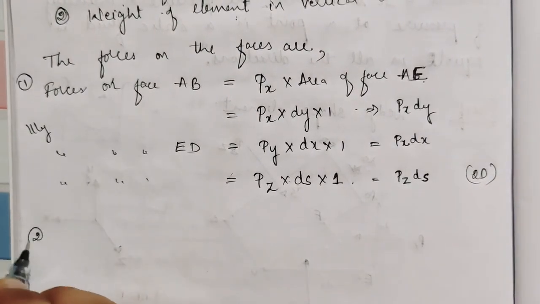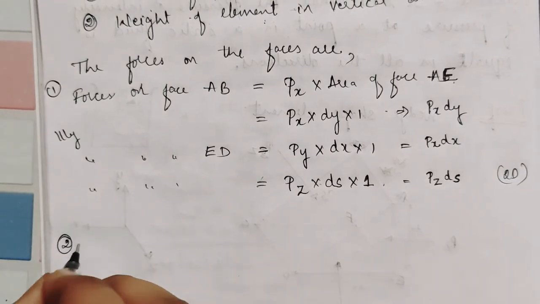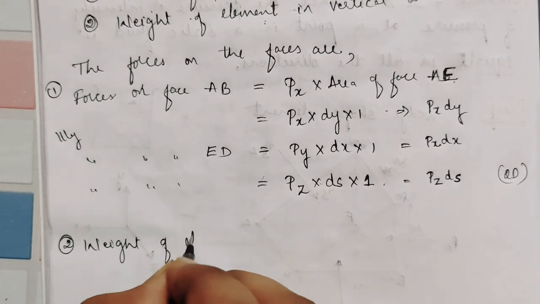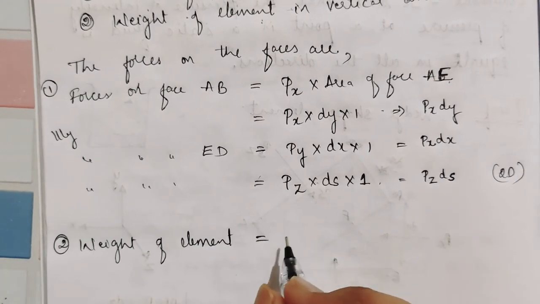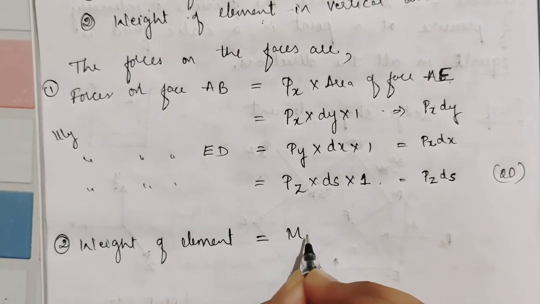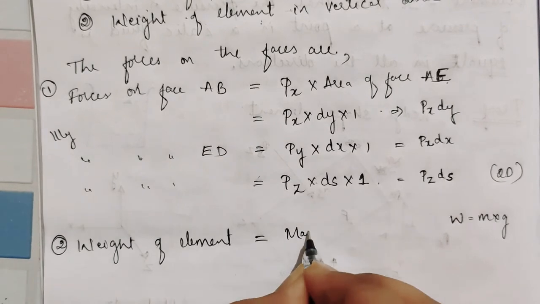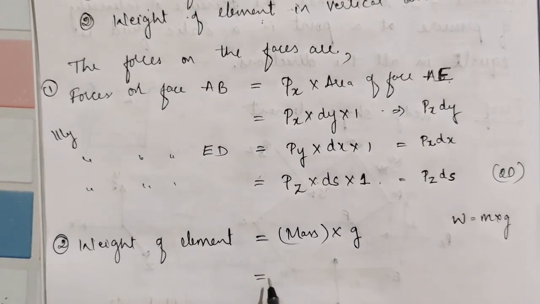Next, the force due to the weight, the weight of the element. Weight W is equal to what? Mass into gravity. How to calculate mass?